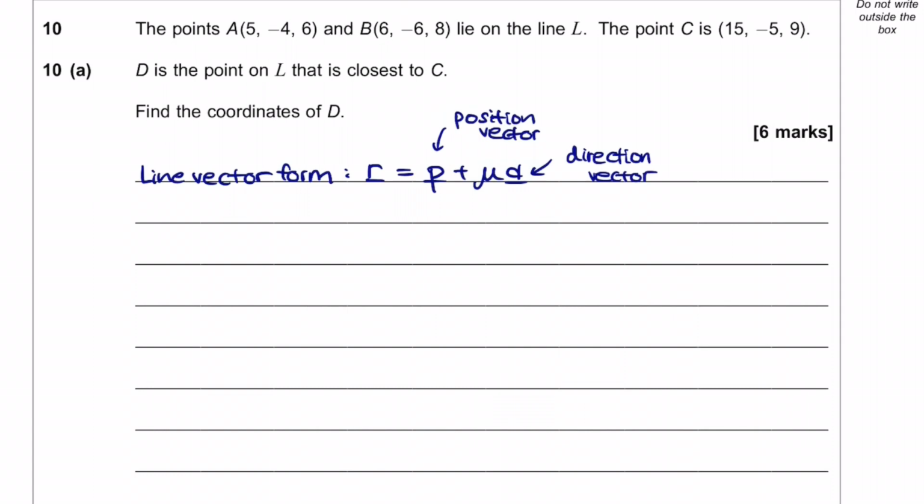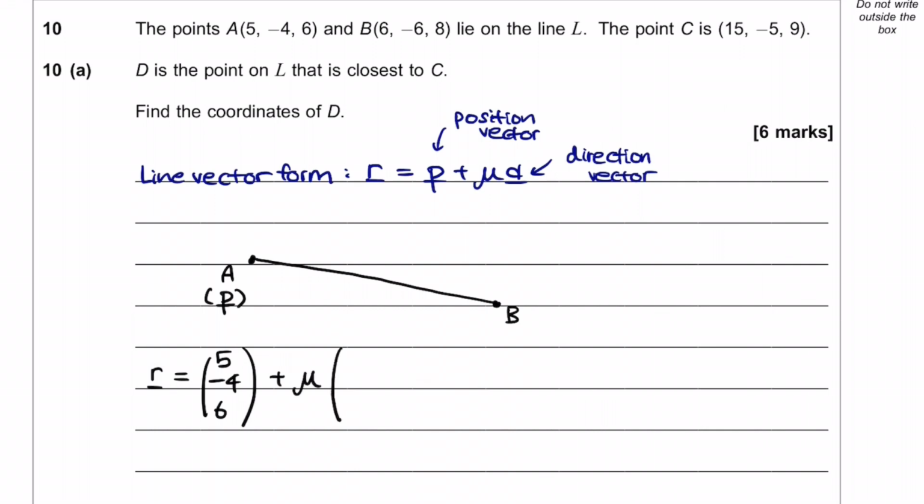First, you need to find a vector form equation for line AB here. I wrote down the general vector form for the line, where r is equal to a position vector plus mu, which is a scalar value, times a direction vector. So let's start with A, and then the line extends to B like this. Let's say this is our starting position vector, P. Then our equation of r becomes the coordinate of A, (5, -4, 6), plus any scalar value multiplied by a direction vector.